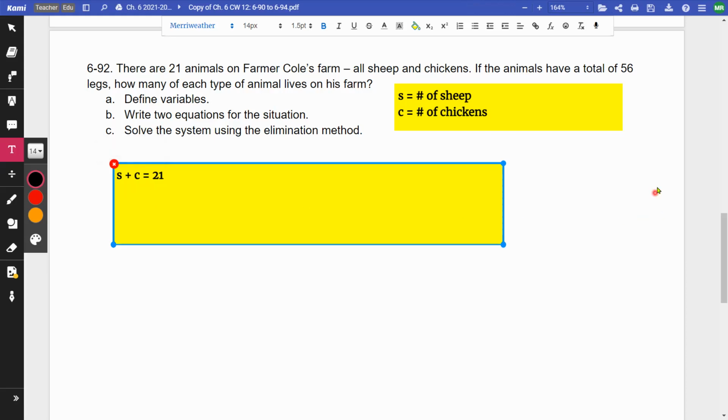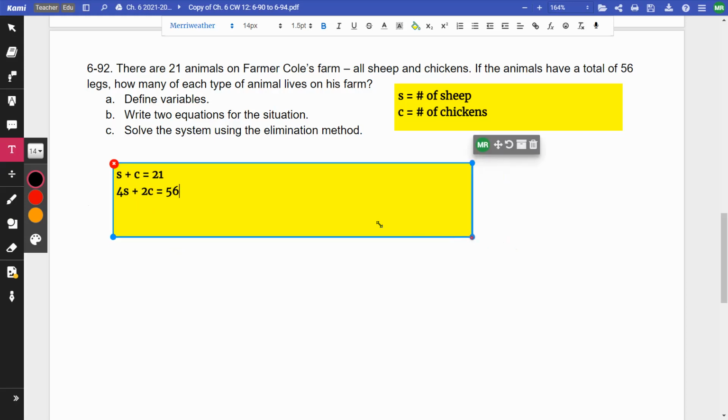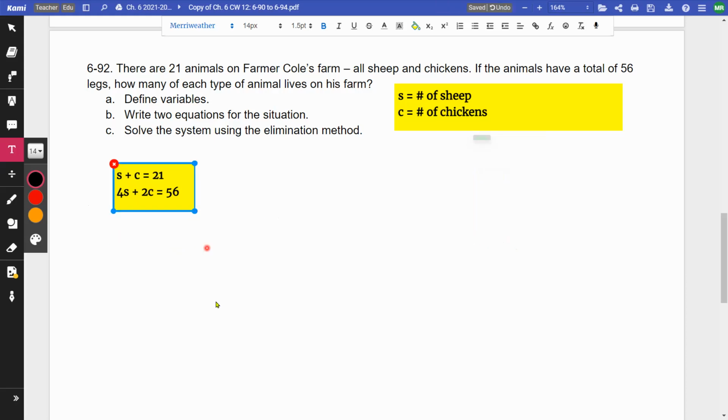Now we have another situation where it says the total number of legs is 56. So for the legs, 4 legs for each sheep plus 2 legs for each chicken equals 56. And then we're going to solve this system. So you guys solve this system.